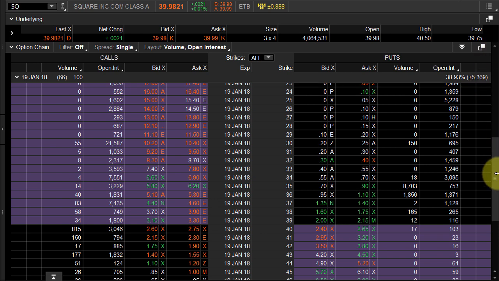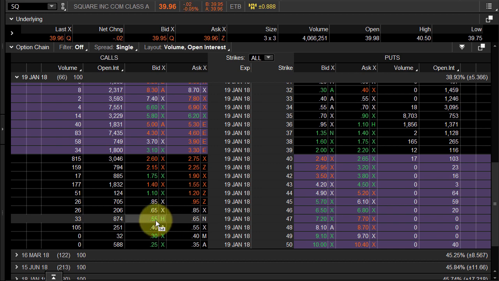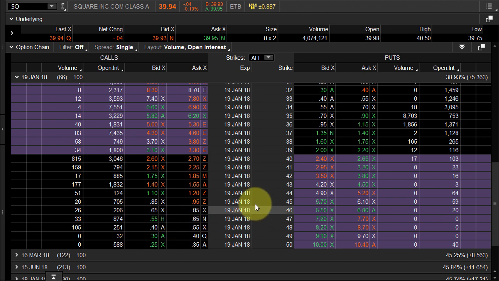Now if we scroll down and let's say we want to look at the 47 calls, 55-cent bid. This is the National Best Bid and Offer taking in all of the exchanges. So right now, if one exchange is a 55-cent bid, say the PHLX or the Chicago Board Options Exchange, and then another exchange, the best bid is 50 cents, they're going to see the 55-cent bid because in the options, there's the NBBO, the National Best Bid and Offer.